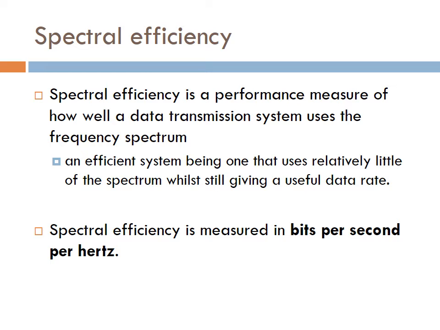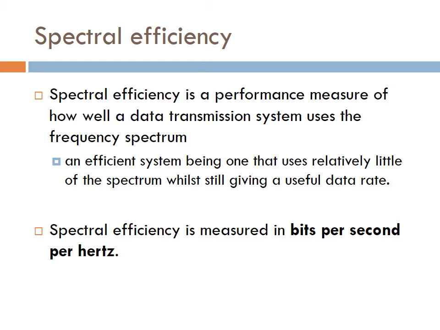Spectral efficiency is a performance measure of how well a data transmission system uses the frequency spectrum. An efficient system is one that uses relatively little of the spectrum while still giving a useful data rate.